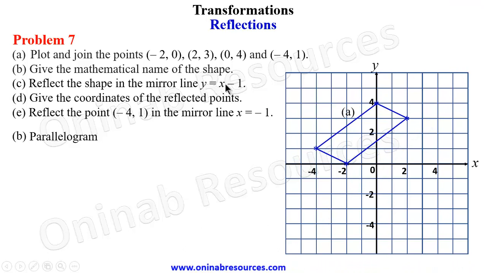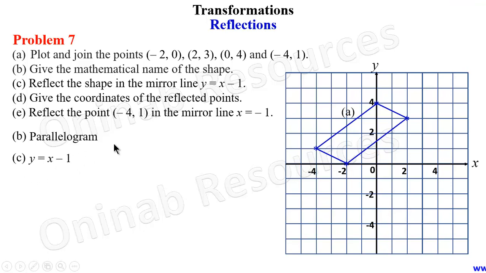Y equal to negative x is this direction. Now we have y equal to x minus 1, which is still a straight line but not passing through the origin. So we just create 2 points. The mirror line is y equal to x minus 1. We are going to generate 2 points to enable us draw the straight line.